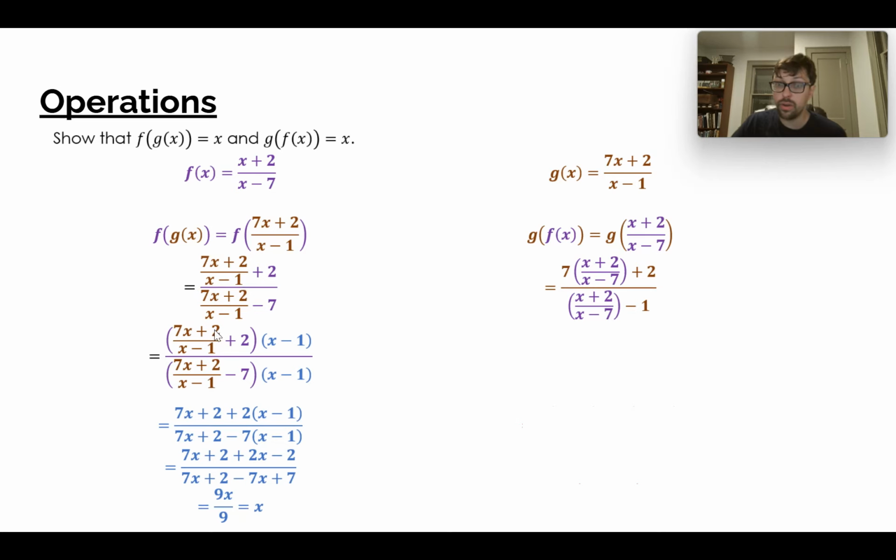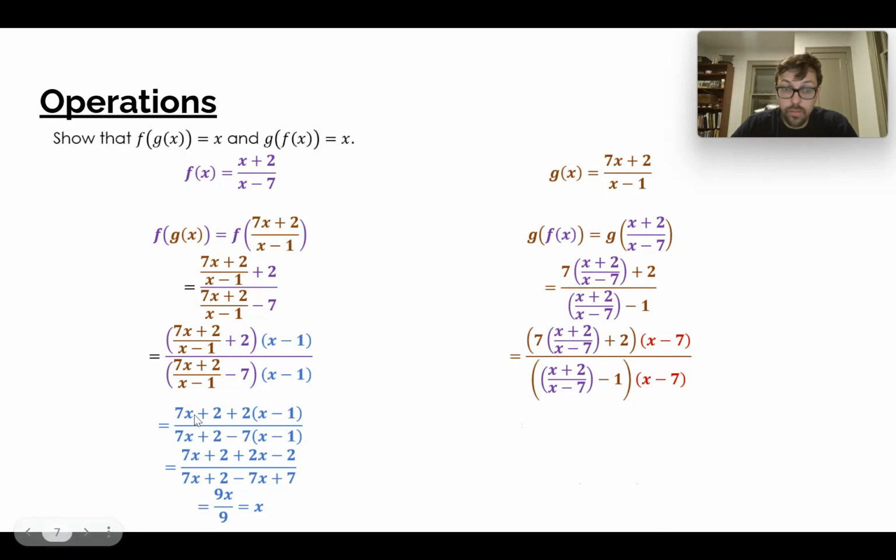Just like we did over on this problem, we want to multiply the top and the bottom by x minus 7 in order to simplify down what's going on in that numerator. So I'm going to multiply everything on the top by an x minus 7, and we're going to multiply everything on the bottom by an x minus 7. Simplifying this numerator, again, what happened over here is that x minus 1 just went away. So the x minus 7 will go away here.